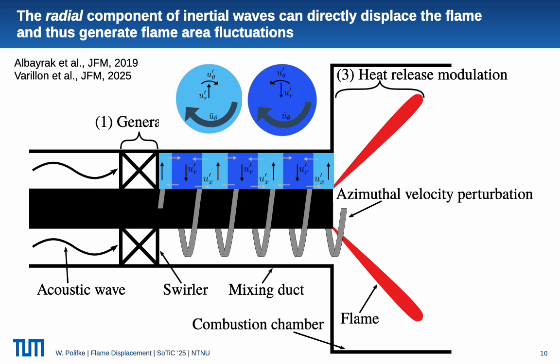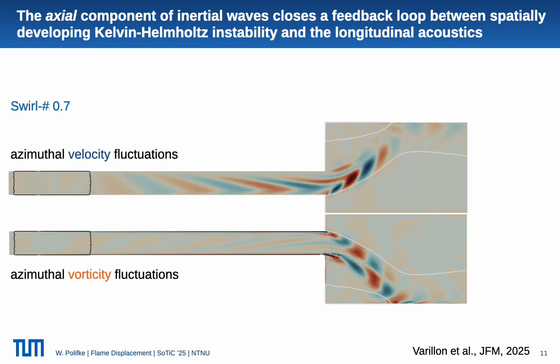They can bring the flame out of kinematic balance and start changing flame angle, flame surface area, and so on and so forth. And Grégoire's work in particular further analyzed the generation of the hydrodynamic instability and the longitudinal acoustics with modern tools of hydrodynamic stability analysis, in particular resolvent analysis. So that's all I wanted to say at this point.